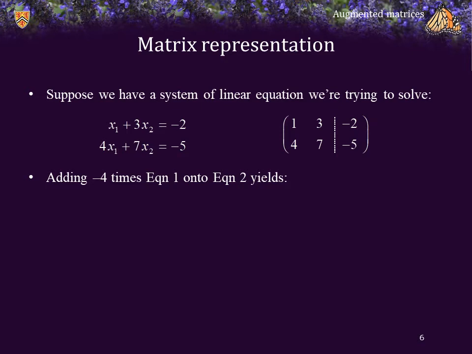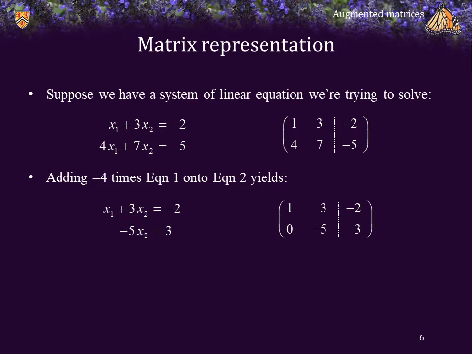And that would yield the following system of linear equations, one that is equivalent to the one above. Notice that we can also write down the augmented matrix corresponding to this new system of linear equations.